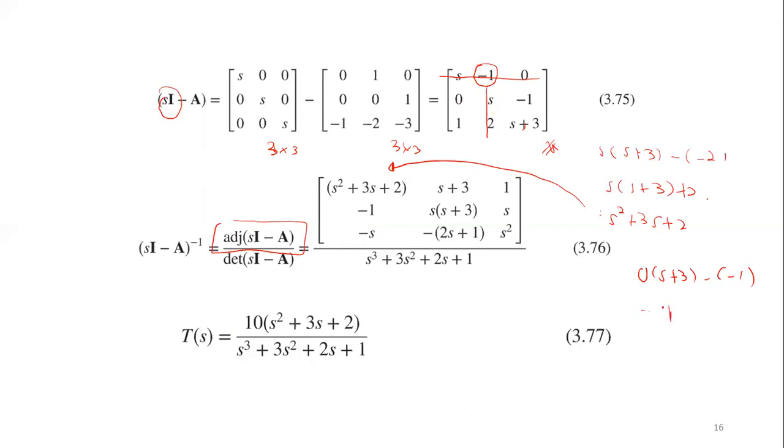So it's supposed to be 1 here. Okay, so yes, you have to review the adjacent matrix. Then next, this is the challenging part when you need to transform the state space into a transfer function. S plus 3.